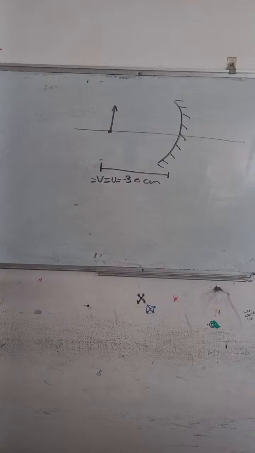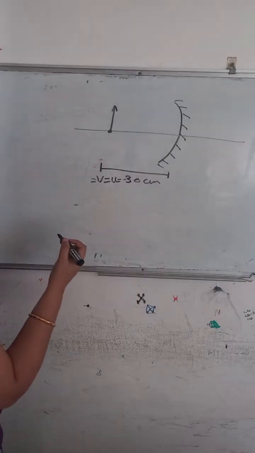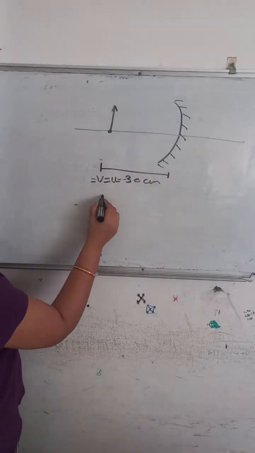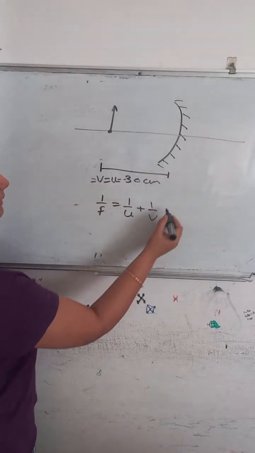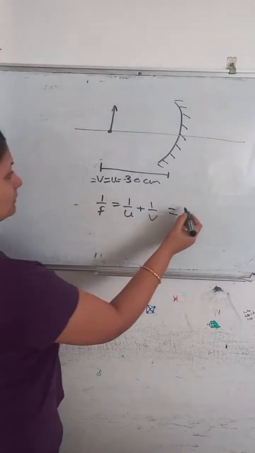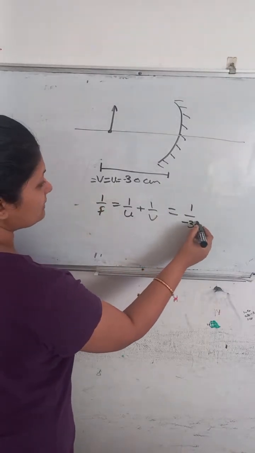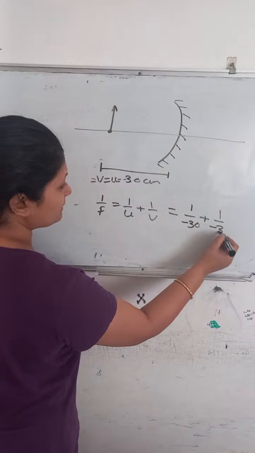object. Okay, so whenever they are asking focal length here, my aim is to find out the focal length. So you will get 1 by f is nothing but 1 by u plus 1 by v by using mirror formula. So here 1 by minus 30 plus 1 by minus 30.